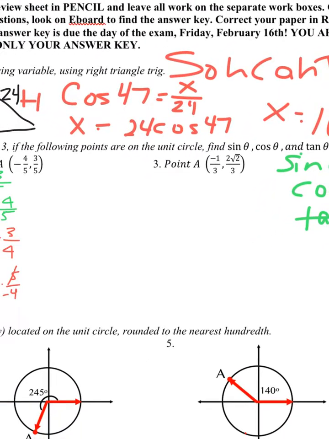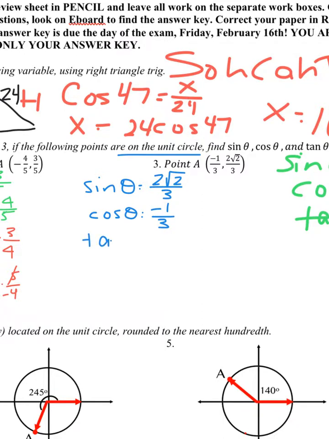So to start, we have sine of theta equals whatever my y value is, because again, we're still on the unit circle. It tells us in the directions that we're on the unit circle. Sine of theta equals 2 times the square root of 2 over 3. The cosine of theta is whatever the x value is, negative 1 over 3.